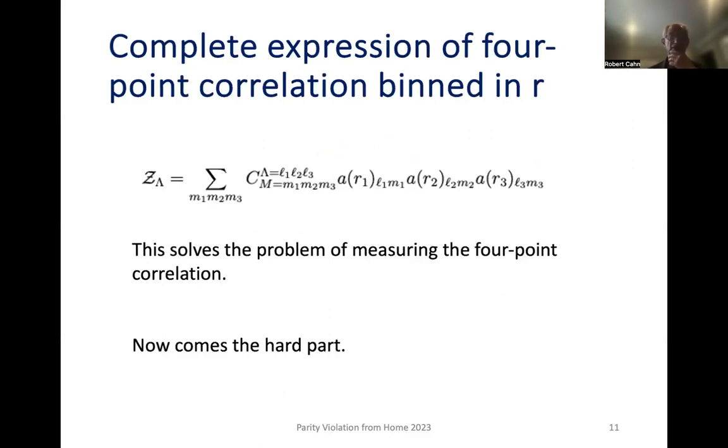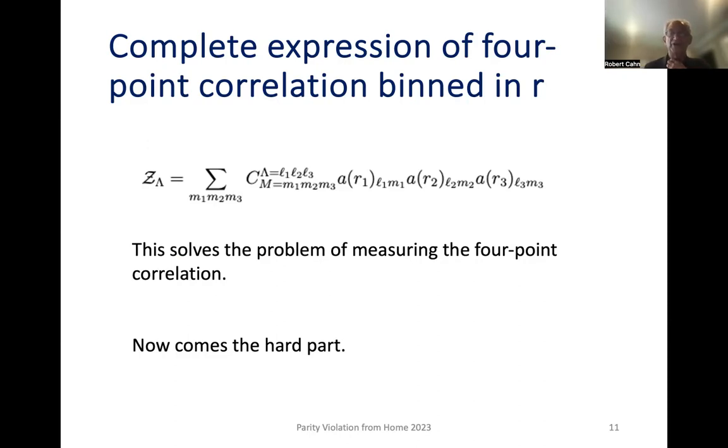Now, the way the function z sub lambda is determined is it's just found by combining the measurements we made of those shells, the a sub LMs, together with these magic coefficients, which produce things that are isotropic.